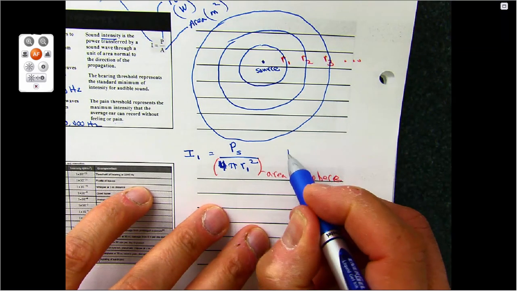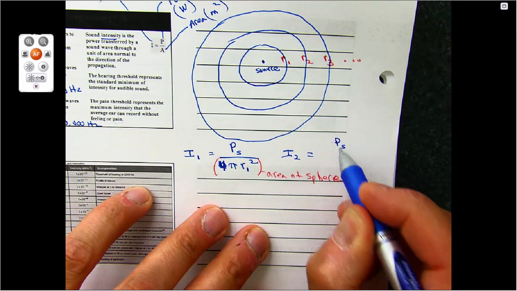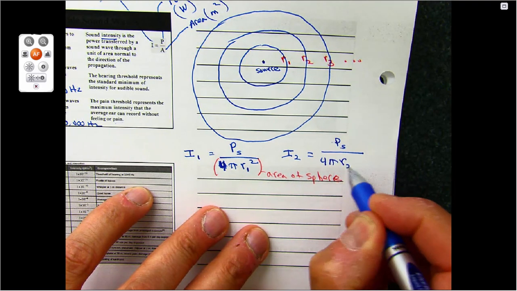Then you'd have I2, obviously, which would equal the power of the source over 4 pi R2 squared, right?